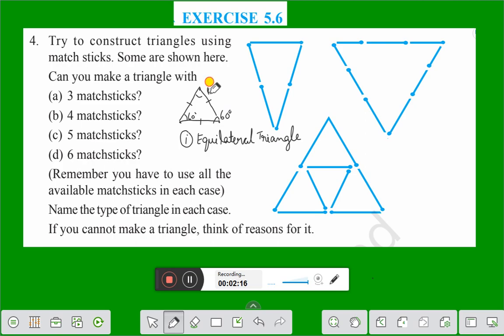All the angles are same, and all the angles are less than 90 degree, therefore you can say it as acute angled triangle. Therefore we can say it is an acute angled triangle.